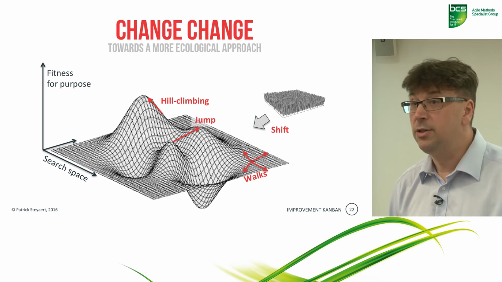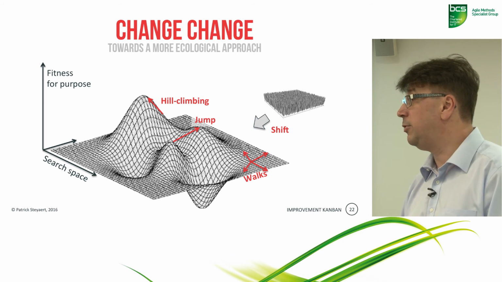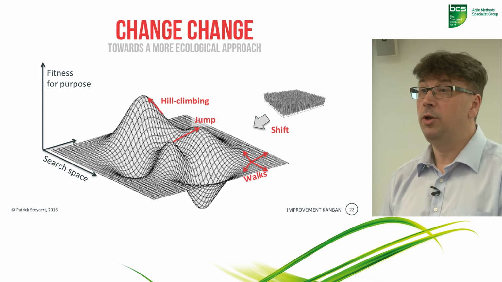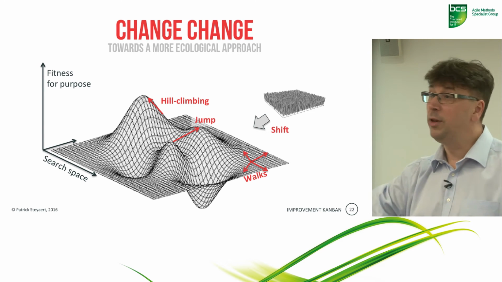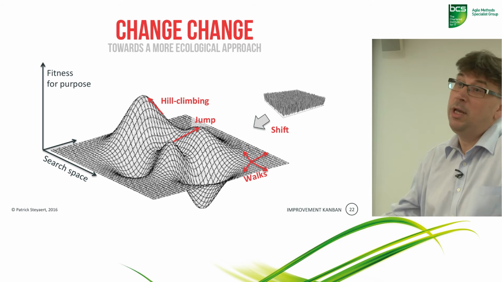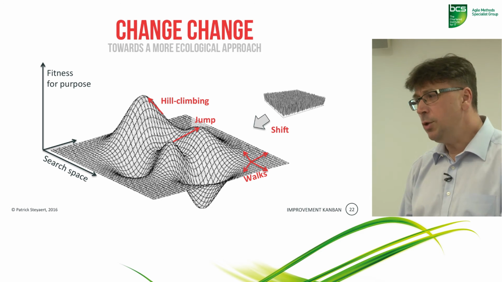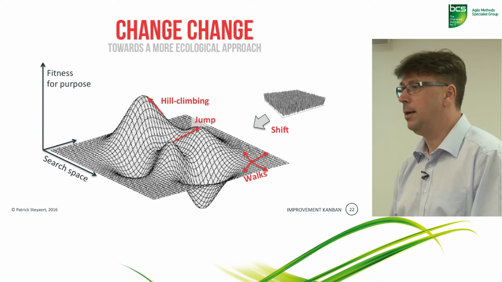Active experimentation has the role of hill climbing, trying to find peaks. Retrospective and planned change have the role of doing exploration, just wandering around and stumbling upon something. So each of these constraints and each of these types of change have a role to play in the change.